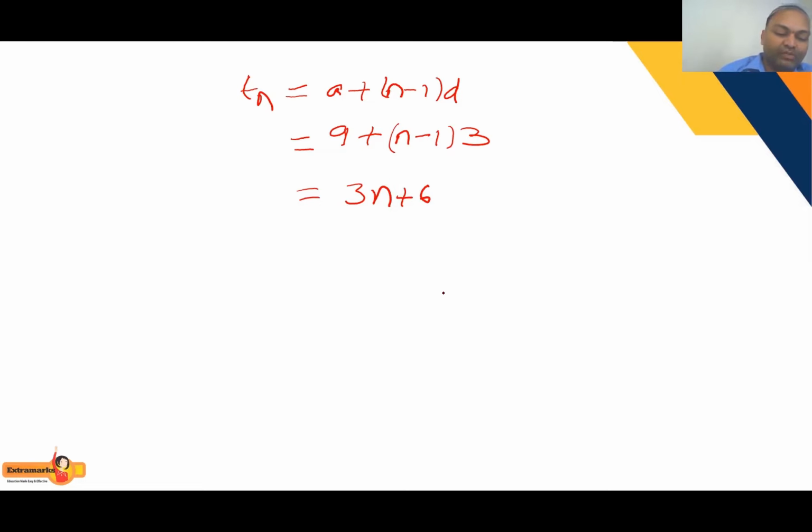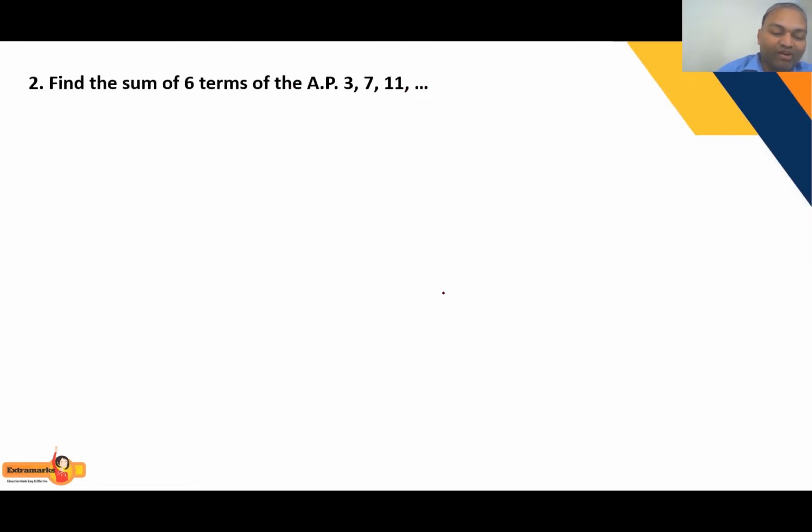Right. Let us come to the next: find the sum of 6 terms of the AP. Previously we found the 16th term, or otherwise the nth term, the general term. Now here find the sum of 6 terms of the AP. Here 6 is anyhow a simple number only. 2 methods are there.